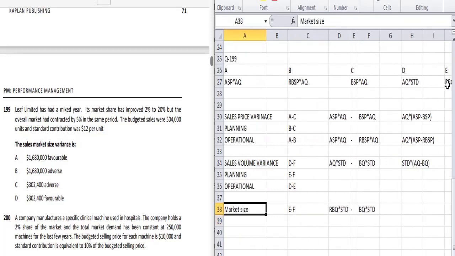Taking out the common, what is the common between these two? STD, standard margin is common. So RBQ minus BQ.